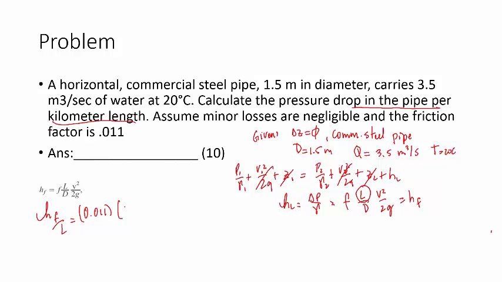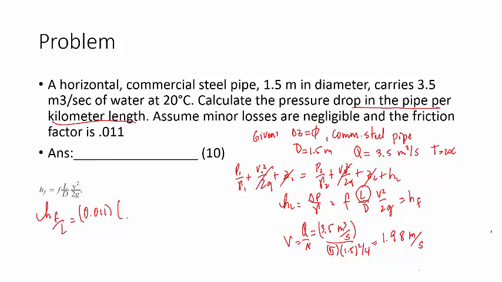Well, I need to calculate the velocity because the flow rate Q is 3.5 cubic meters per second, but then I have to divide by the area to obtain the velocity, and the area would be pi 1.5 squared over 4, so the velocity is 1.98 meters per second.